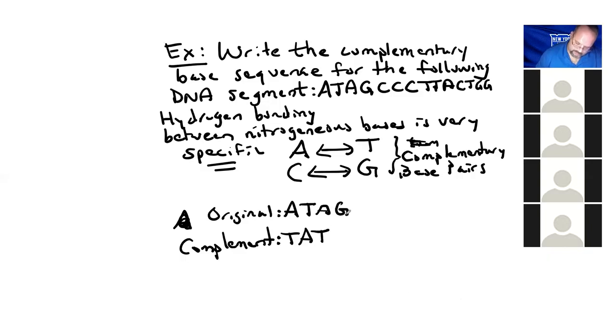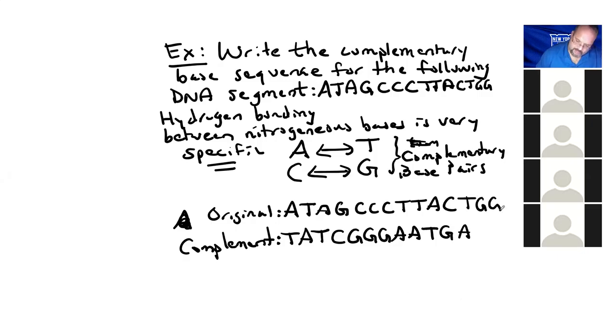Guanine gives us cytosine. Then 3 consecutive cytosines give us guanine, guanine, guanine. Then 2 thymines give us 2 more adenines. Then adenine gives us thymine, cytosine gives us guanine, thymine gives us adenine, and then guanine and guanine give us cytosine and cytosine.